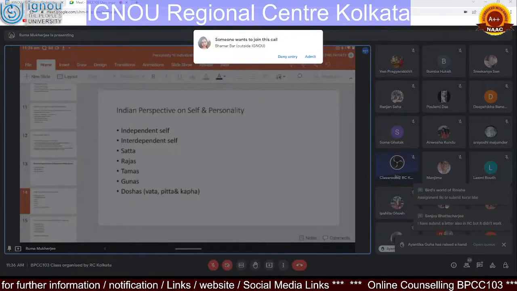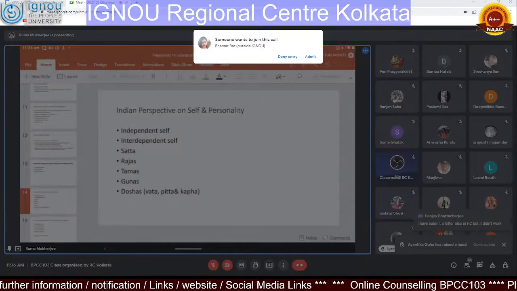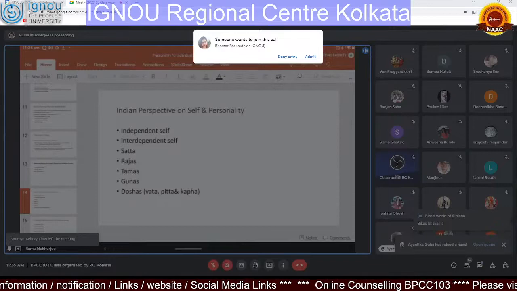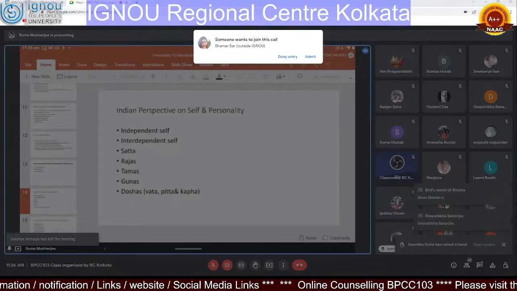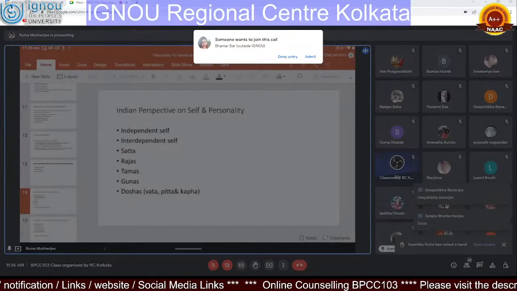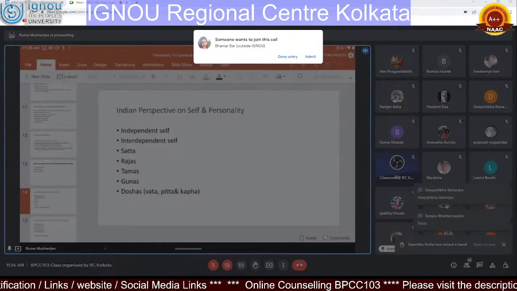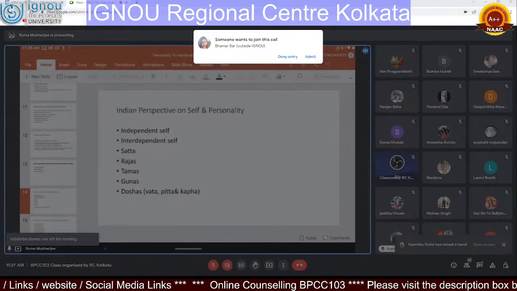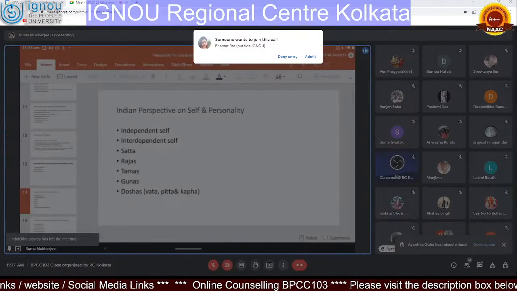Doshas means any wrong doing or any wrong actions. The combination of which makes each individual unique in his or her nature and personality.